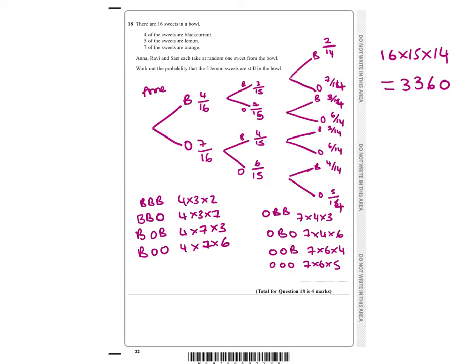So 4 times 3 times 2 is 24. 4 times 3 times 7, 84. 4 times 7 times 3, 84. 4 times 7 times 6, 168. 7 times 4 times 3, 84. 7 times 4 times 6, 168. 7 times 6 times 4, 168. 7 times 6 times 5 is 210.